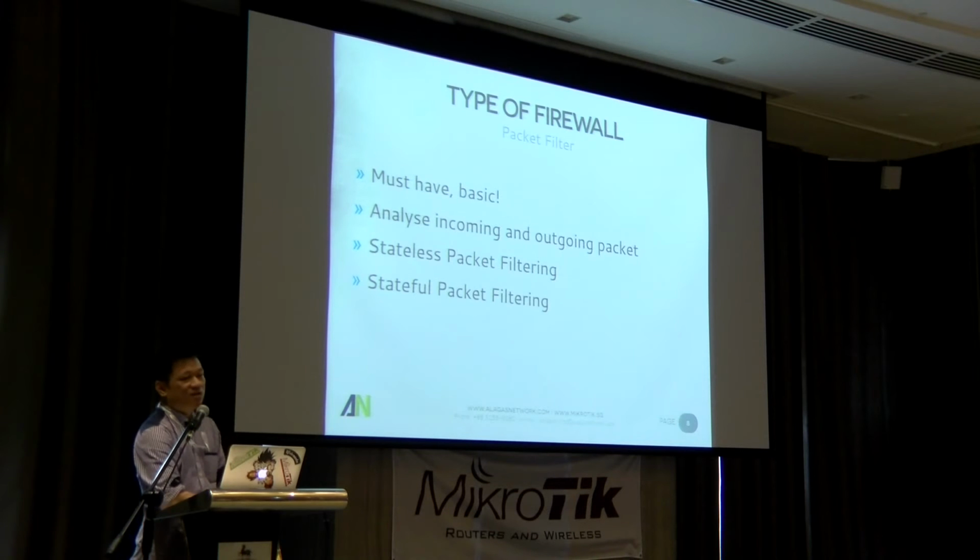Packet filter also analyzes the incoming and outgoing packets between different LAN interfaces and different WAN interfaces. Nowadays, people can have one or two or even more ISP upstream interfaces.